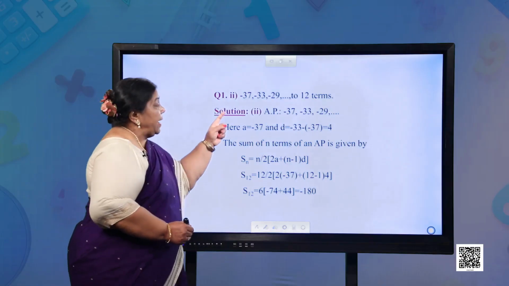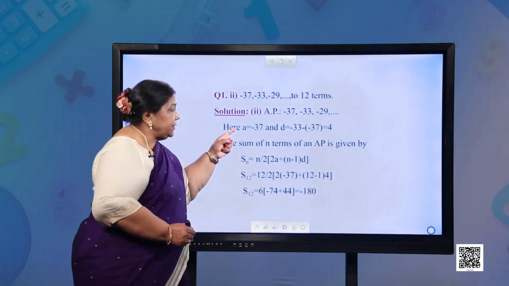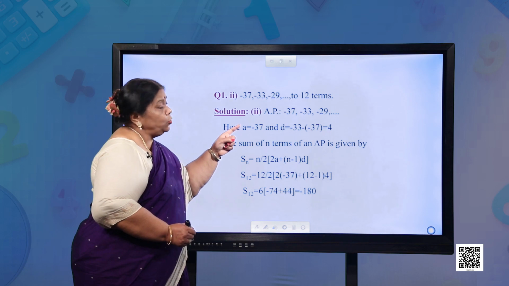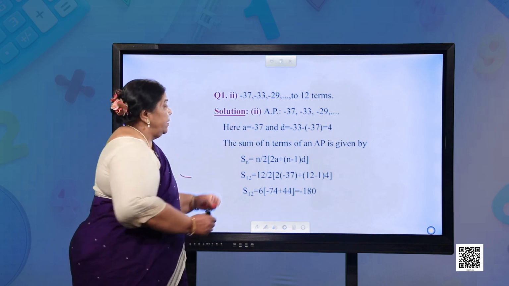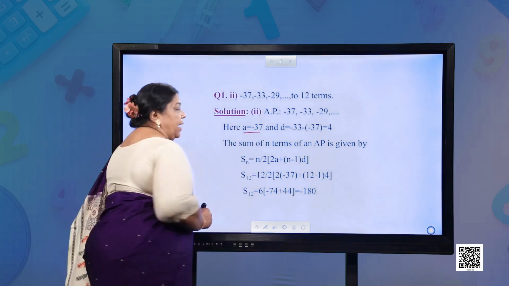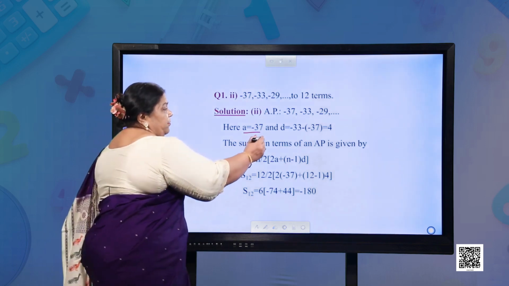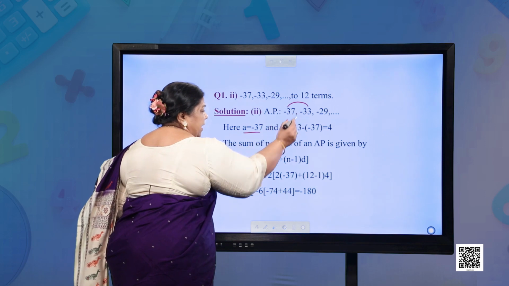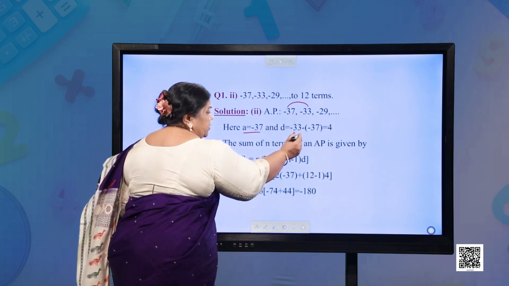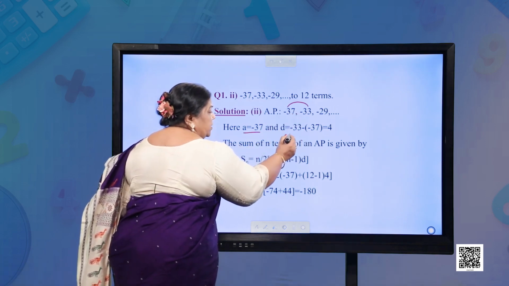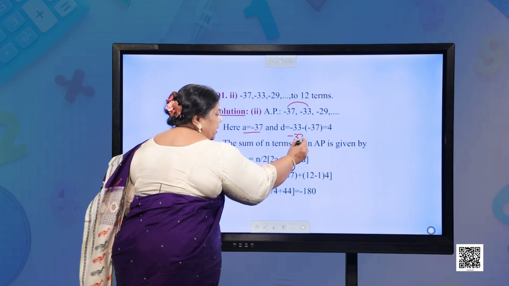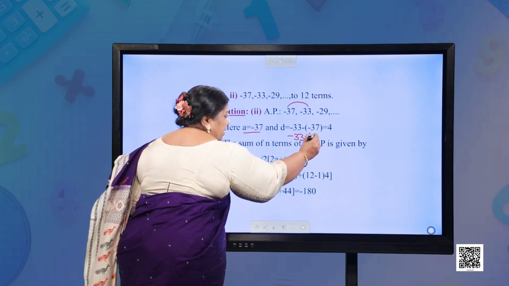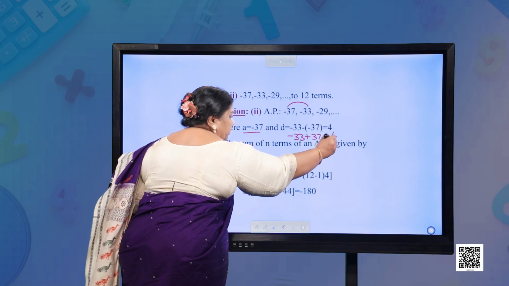Here we have minus 37, minus 33, minus 29, to 12 terms. Here, what is your first term? Minus 37. And the common difference we take out by subtracting the first term from the second: minus 33 minus (minus 37). This gives us minus 33 plus 37, that is obviously 4.